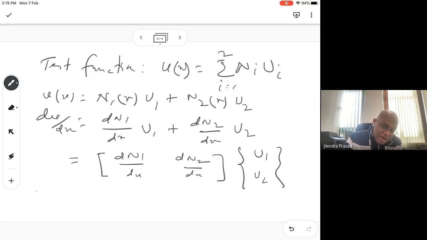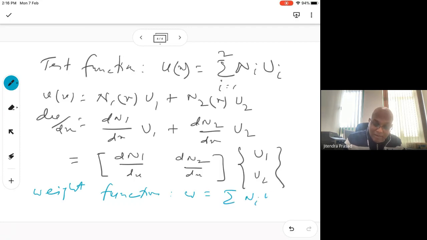Similarly, we define w the same way. The way we are defining the weight function, we can define the same way: w(x) equals the sum of N_i w_i, i equal to 1 to 2.